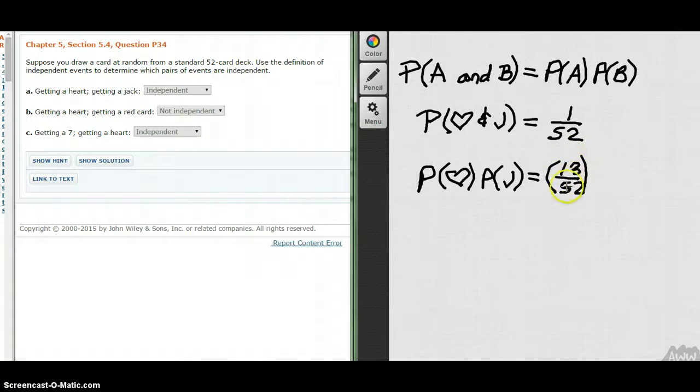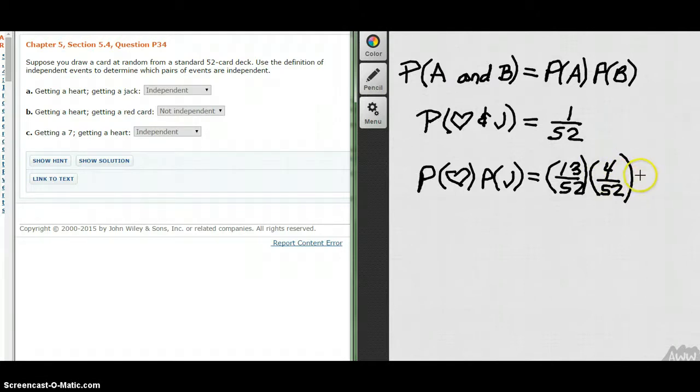We have 13 different hearts and 52 different possible cards. Now jacks, we would have 4 out of 52, because we would have jack of hearts, jack of spades, clubs, and diamonds. So 4 out of our 52 cards in the deck would be jacks.